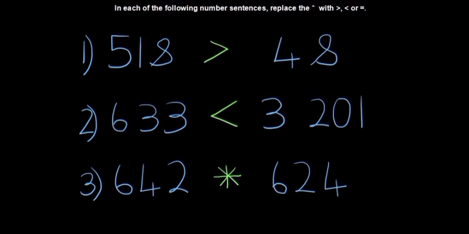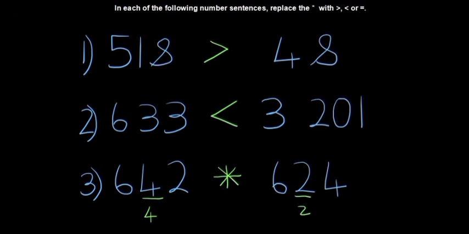So on the third question, we have the same number of digits. So to compare these numbers, we're gonna compare the digit that is on the far left, the 6 and the 6. So the 6s are the same, so we move on to the next digit. So that means we're gonna compare the 4 and the 2.